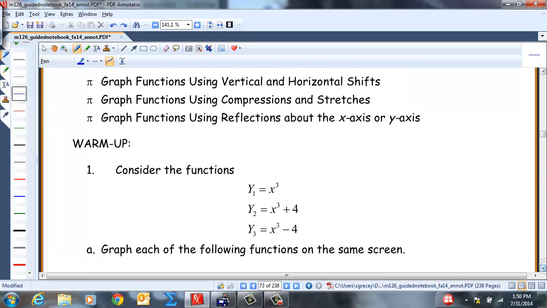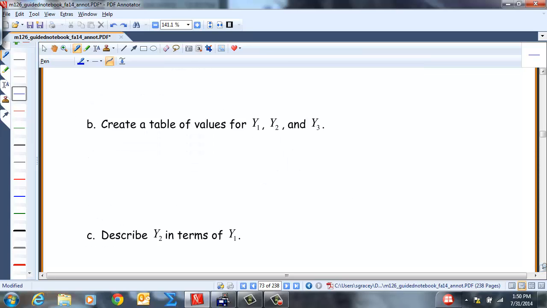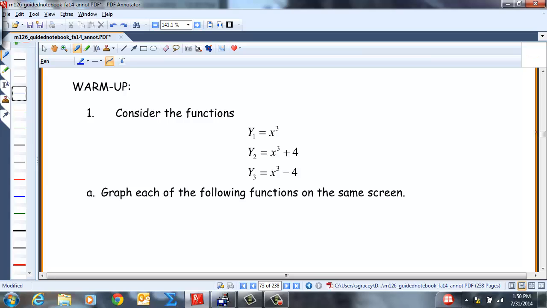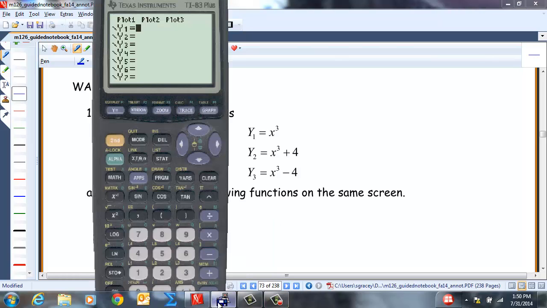What we'll be doing today is graphing these on the same screen and comparing how they change using both the graph and the table. So let's do it. Go ahead and grab your graphing calculator. We're going to get to the y equals screen. The first graph will be x cubed. That's our library function.